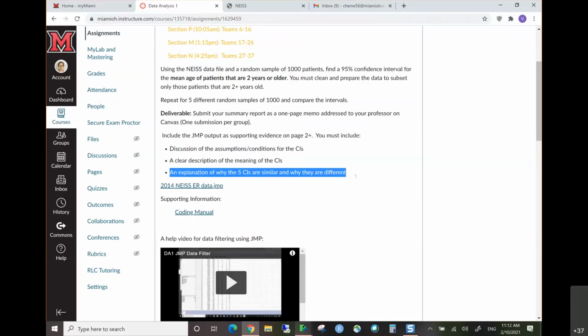Next, the last thing, an explanation of why these 5 confidence intervals are similar and why they are different. Think about it. You have 5 different samples, and based on these 5 samples, you have 5 different confidence intervals. Give me a reason why they are different, why they are similar.